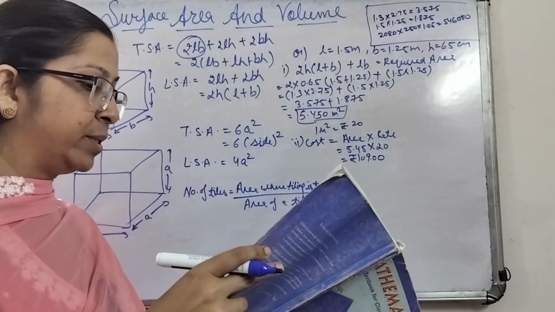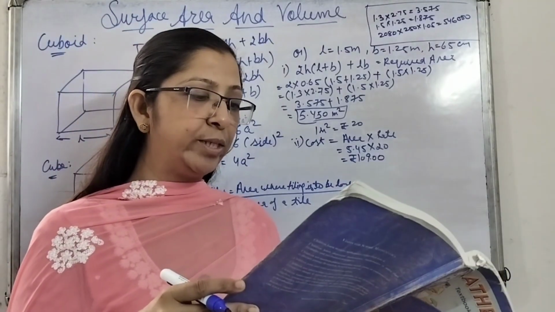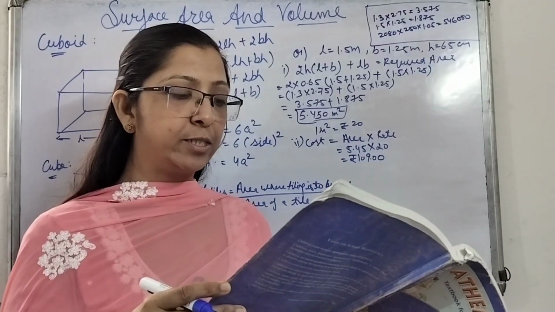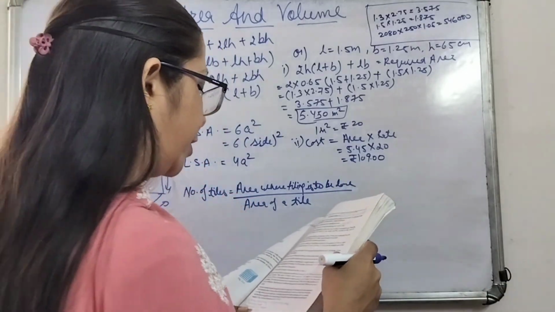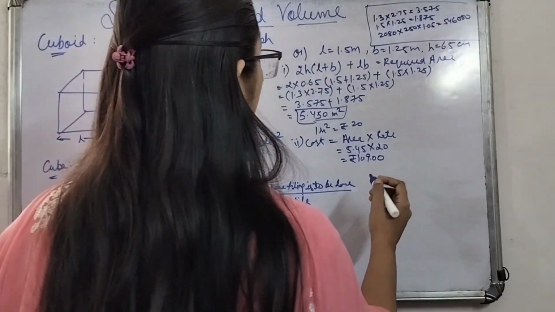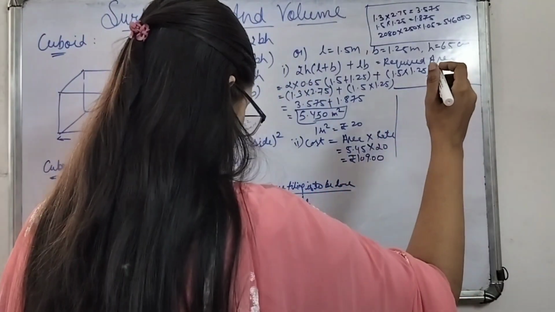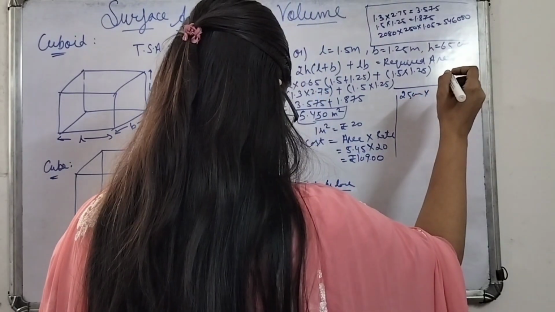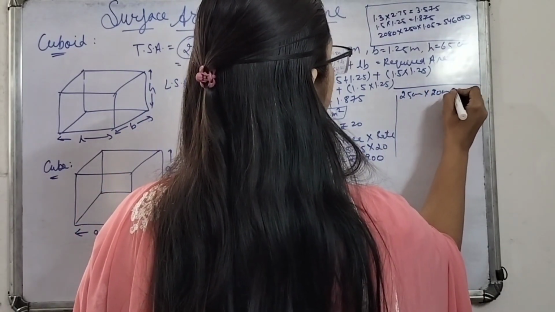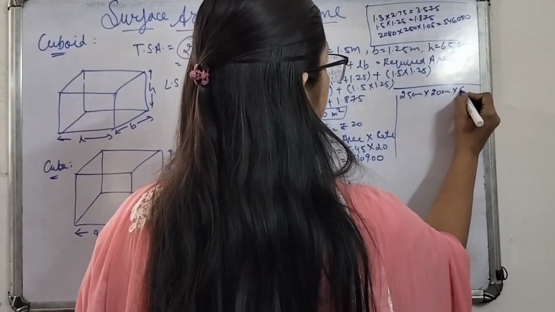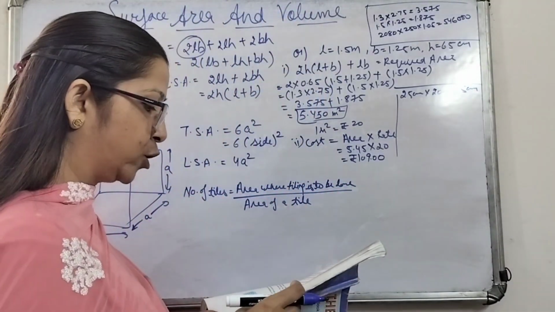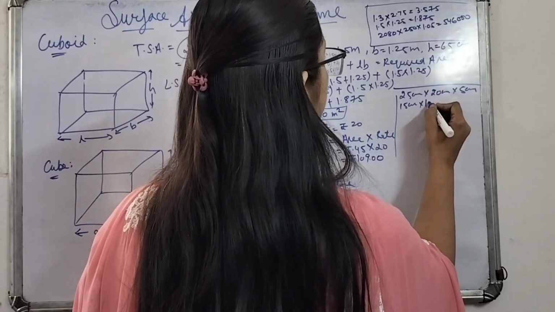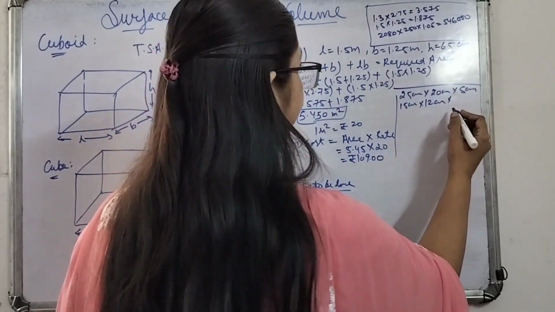Now let's see question number 7. Shanti's sweet stall was placing an order for making cardboard boxes for packing their sweets. Two sizes of boxes were required. One of the dimensions is 25 centimeter by 20 centimeter by 5 centimeter, and another dimension is 15 centimeter by 12 centimeter by 5 centimeter.